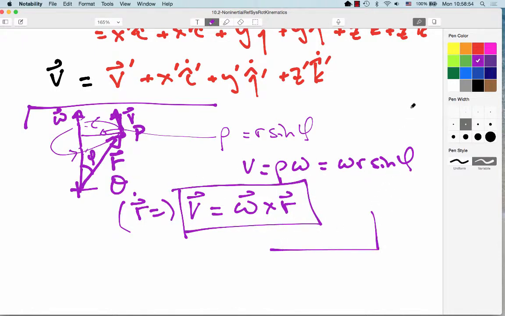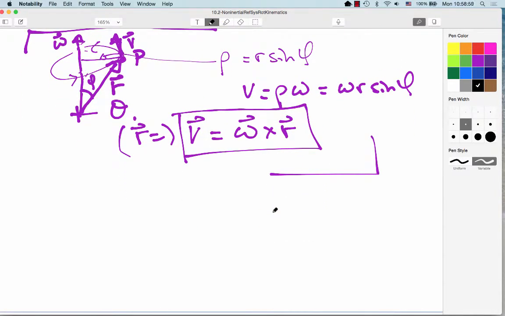All right, so sidebar completed. The reason I did that is that there is absolutely nothing special about me having used that position vector r. It could have been any vector that I wanted to look at.